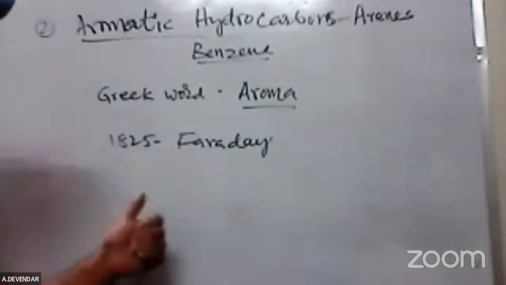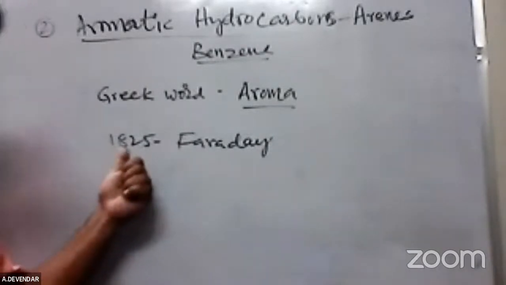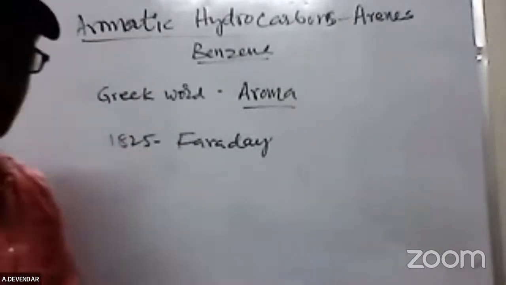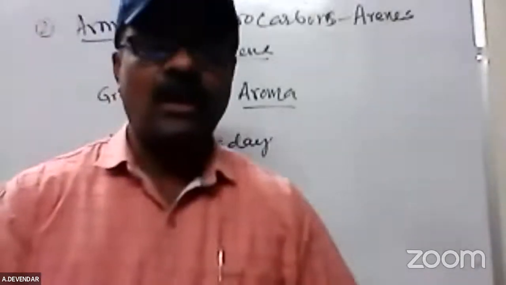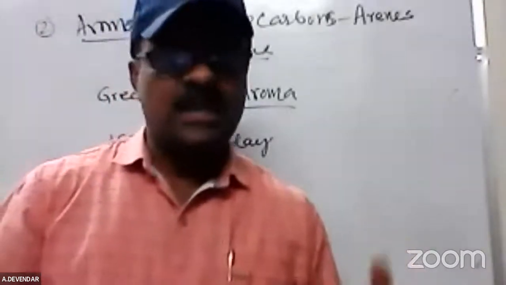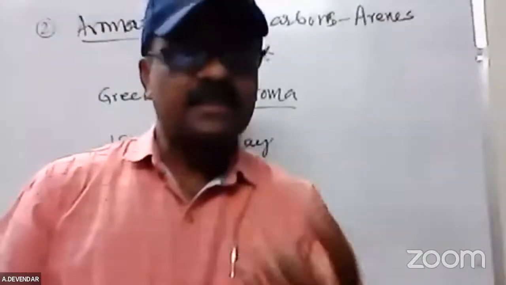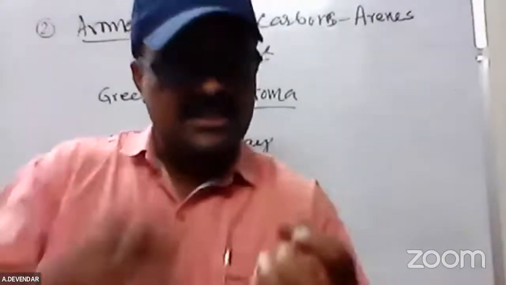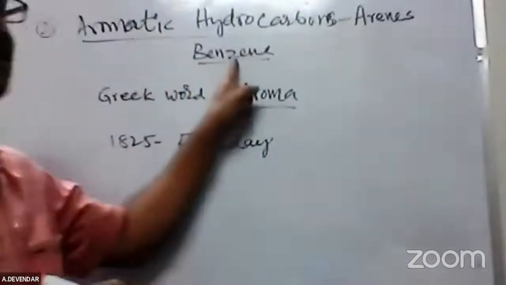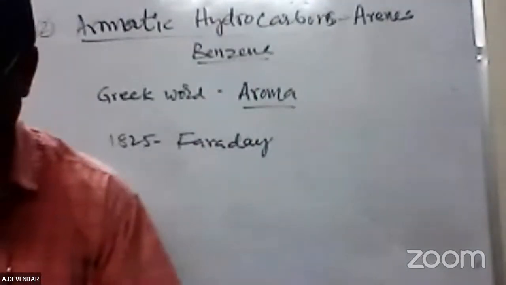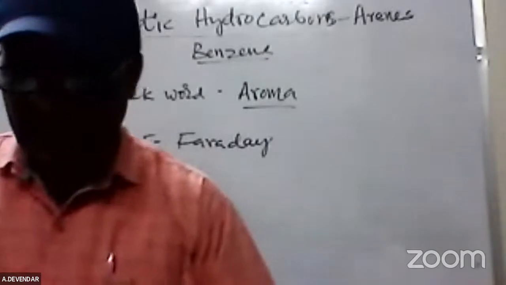You can explain that Faraday discovered benzene in 1825 from whale oil, by destructive distillation of whale oil. Whales are present in the oceans. The liver oil of the whale is extracted, and that oil contains benzene. That was first discovered from whale oil by Faraday.